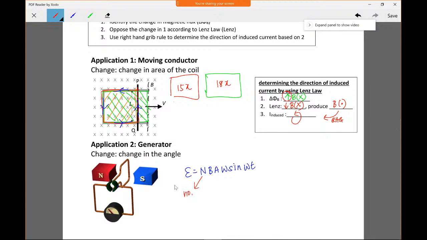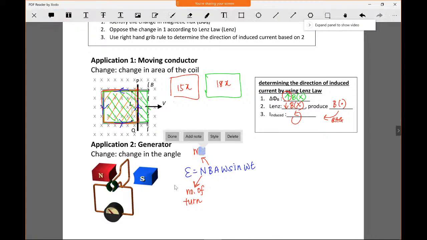N equals the number of turns, B is the magnetic field, A is the area of the coil, which is here, and sine omega t is the angle in radians.